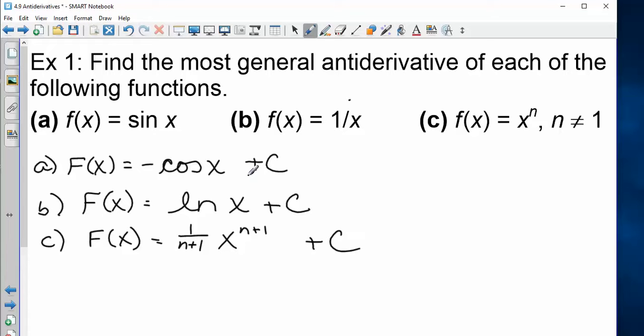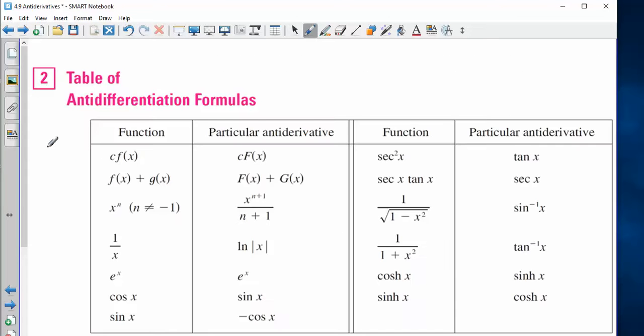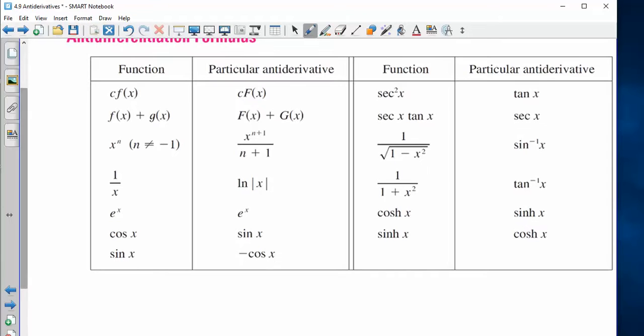Questions about that? This table just has a lot of the common antiderivatives. If we have coefficients, like when we did the derivative, the coefficient just stayed and then we multiplied with it. Same thing when you do the antiderivative, you're just going to keep that coefficient.